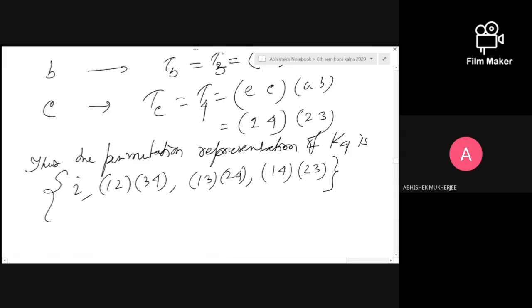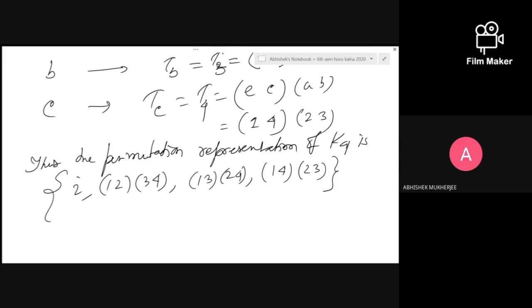So this proves that this is the permutation representation of the Klein-4 group in the symmetric group of order 4, S4. Hope you understand this representation.